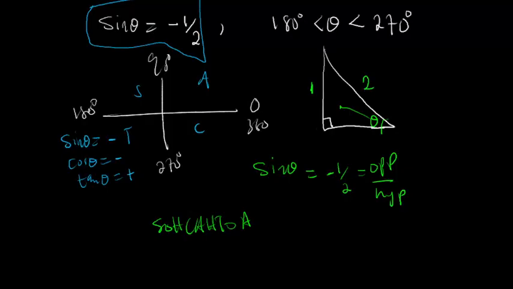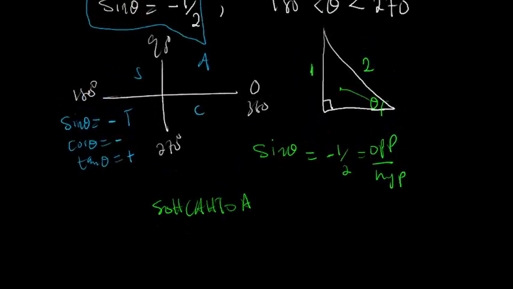Now how are you going to get the third side? I said we are going to use what we call Pythagoras theorem, that is c square is equal to a square plus b square, and the c we have here is 2.